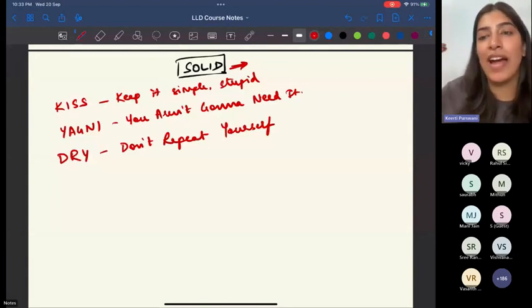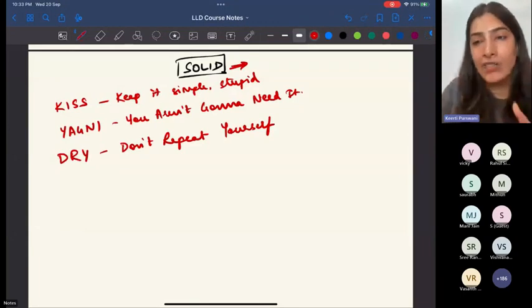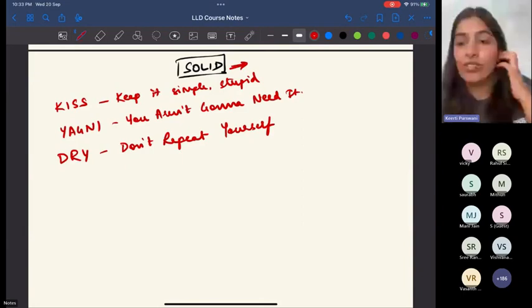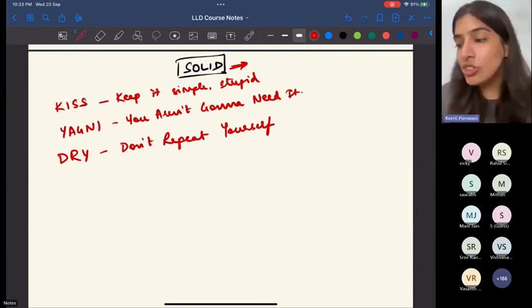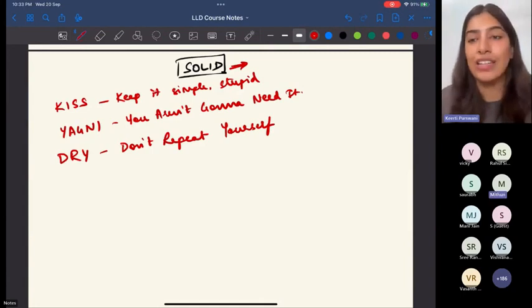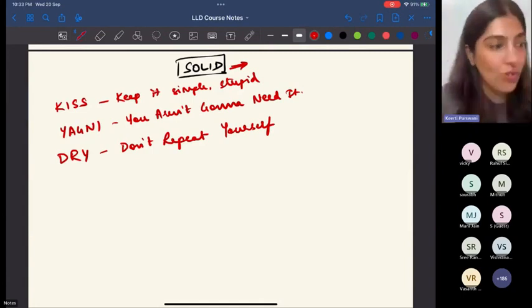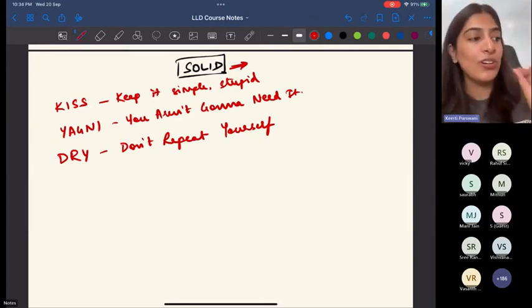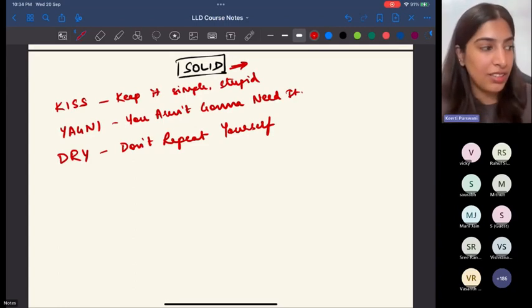So don't do it. YAGNI says I am going to put my time and energy only into things that I have to deliver right now. Otherwise, I'm going to tell you, you aren't going to need it. I'm going to focus on delivering current requirements.